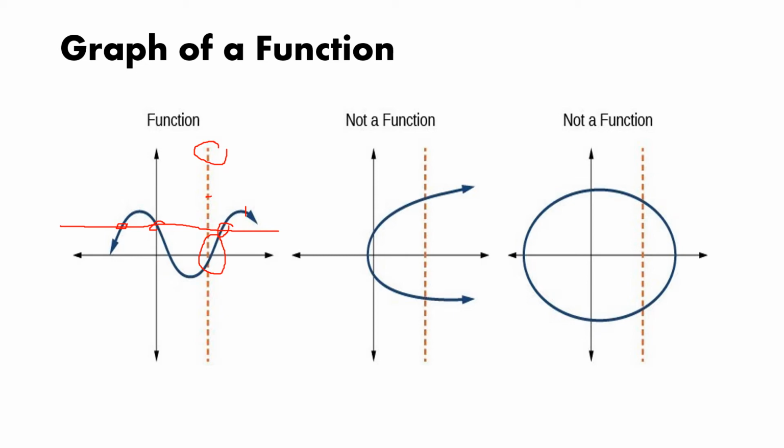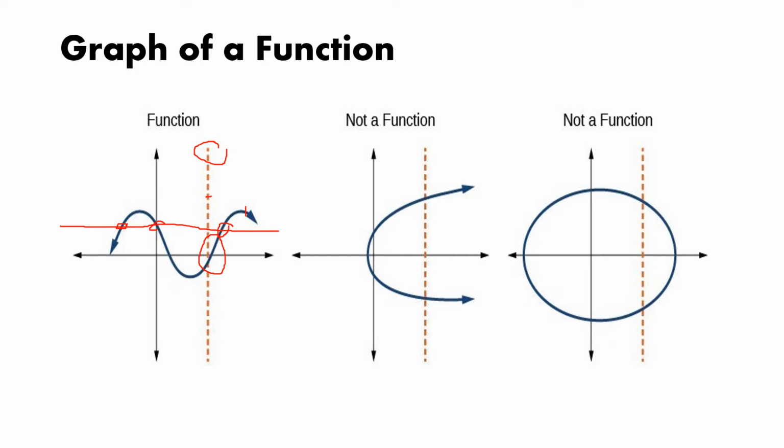An additional thing: if we're asked if the given graph represents a one-to-one function, and there are two or more points of intersection between the horizontal line and your graph, then the given graph is not a one-to-one function. So before we consider that your graph represents a one-to-one function and a function, you need to satisfy both the vertical and the horizontal line test.